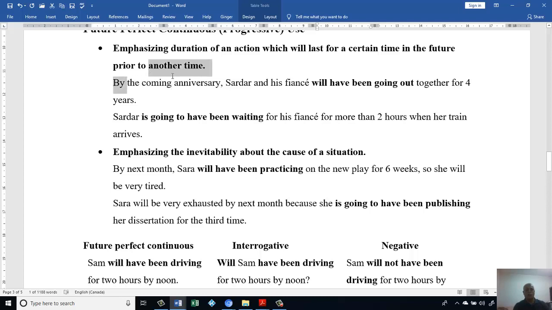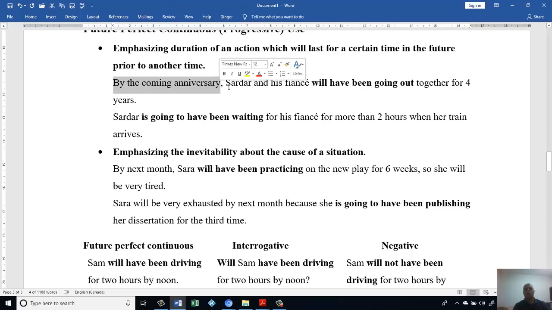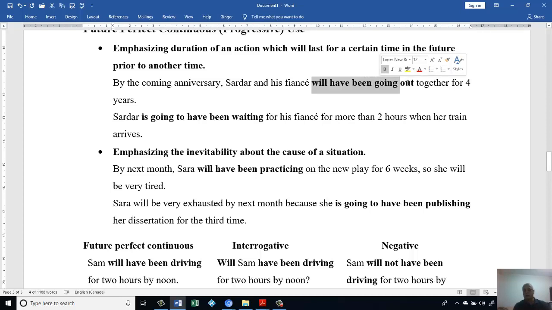By the coming anniversary, Serdar and his fiancée will have been, if we look here, until here is future perfect, but we want to make it continue in the perfect time. Will have been going out together for 4 years. Okay, let's look at other sentences.